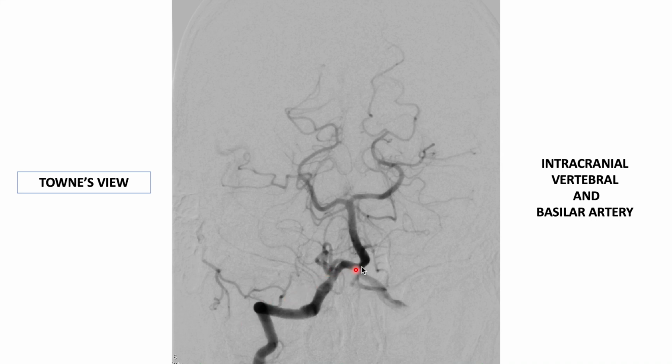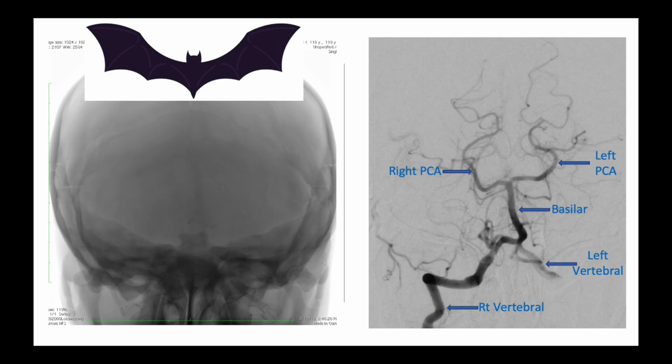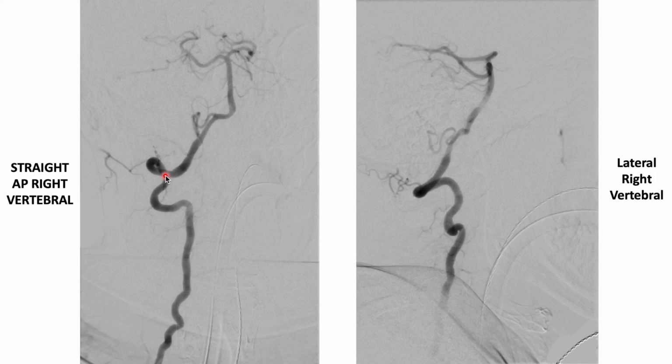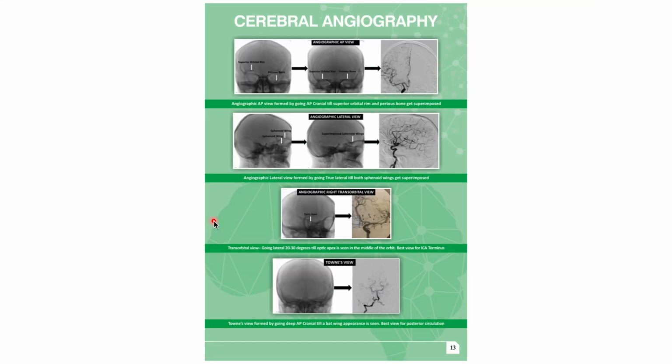You've got the vertebral artery, the basilar, the posterior cerebral, everything opens up very nicely. For the vertebral arteries themselves, you can have either an AP view, or you can add on a biplane this true lateral LAO 90-degree view, and you can see all the bends and the angulations and the tortuosity that you have to traverse with your catheters.